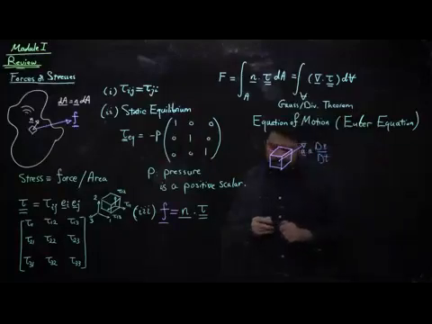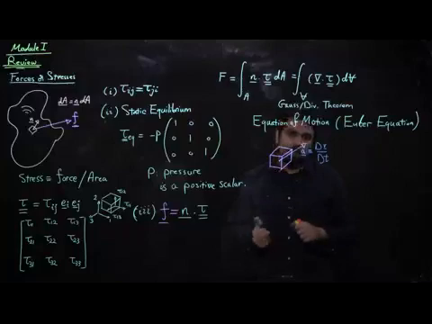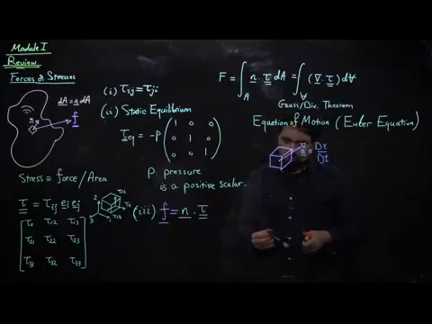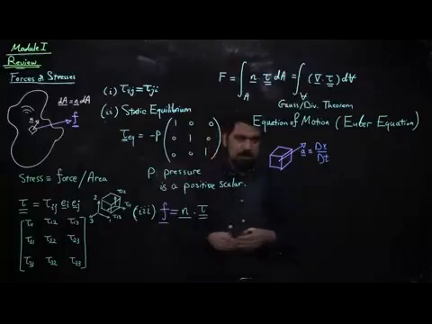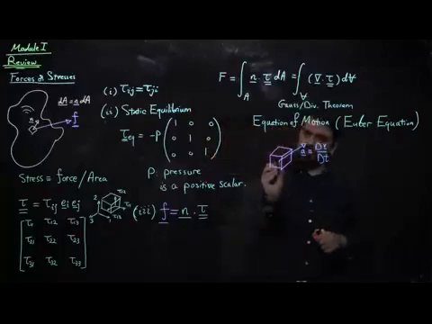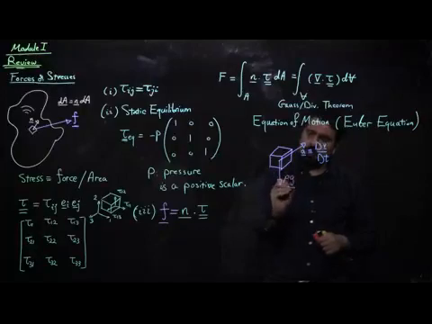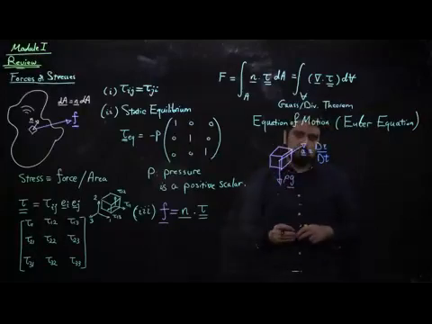This acceleration times mass per unit volume, which is rho a, should be the sum of the forces acting on the fluid element per unit volume. And we discussed two sources of forces. One is the body force that acts from the center of mass of this fluid element parallel to the gravitational vector, and its value per unit volume is rho g.